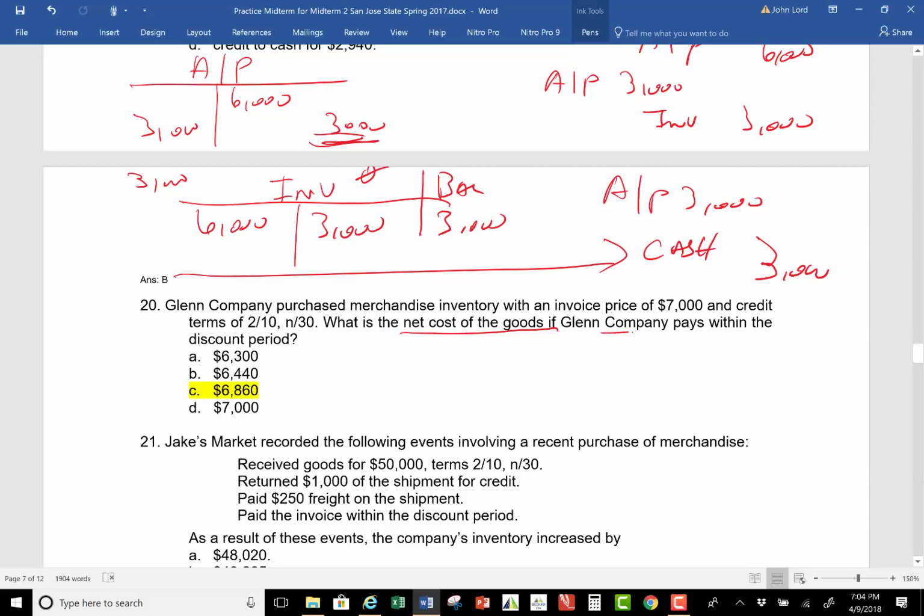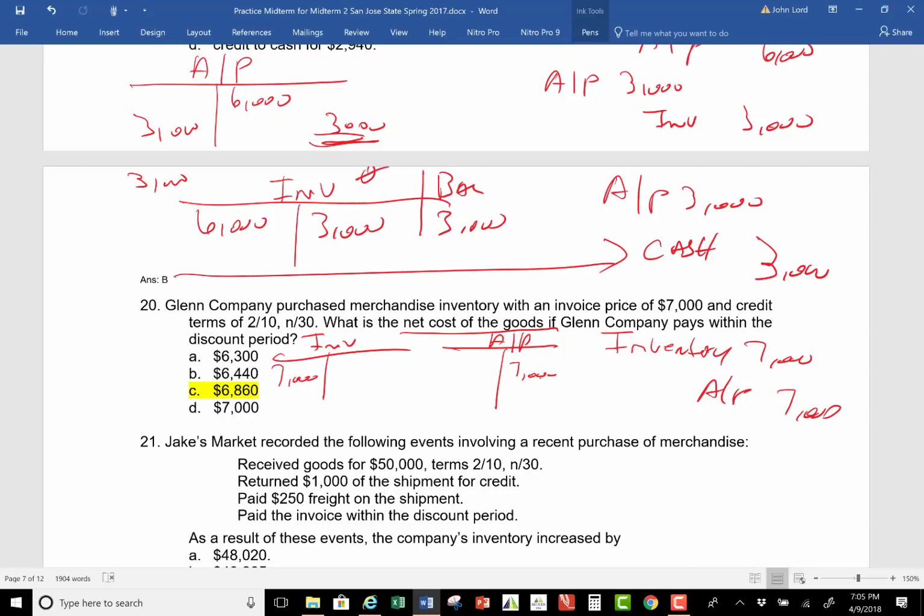So again, we debit inventory for 7,000 and credit accounts payable for 7,000, right? Okay. And we're going to tee up inventory and accounts payable. So we debit inventory 7,000 and credit accounts payable 7,000, like that. Then they tell us that they pay within the discount period. So that means they got a 2% discount on this 7,000.